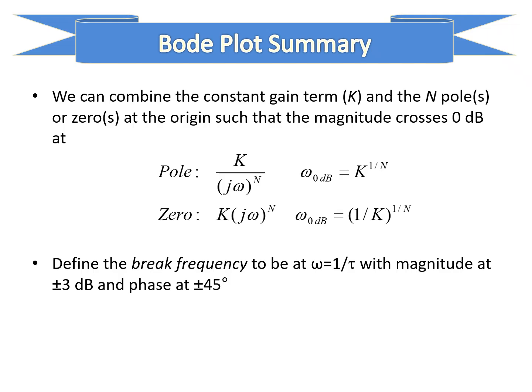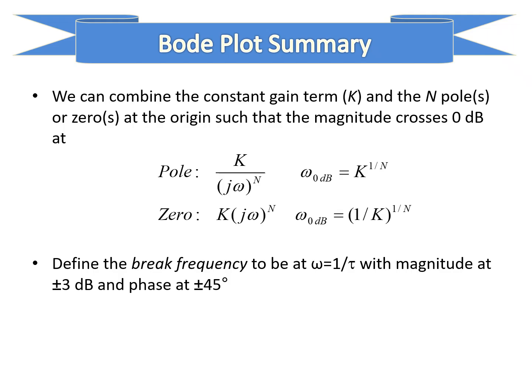We can combine the constant gain term k and n poles or zeros at the origin such that the magnitude crosses 0 dB. For poles it is k per (j omega) to the power n, and then omega at 0 dB is equal to k to the power 1 per n.